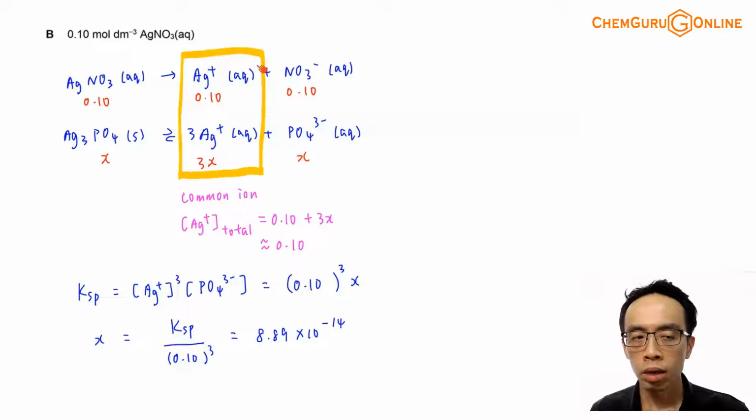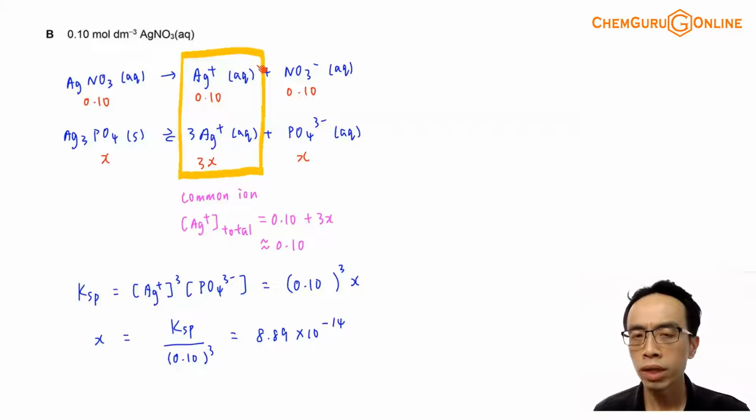Now you notice both of these salts, AgNO3 and Ag3PO4, will dissociate to give Ag+. So we will call this the common ion. And under solubility product, we have learned that the presence of the common ion will suppress solubility.